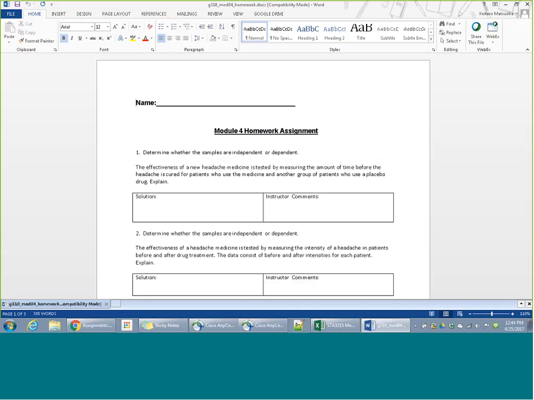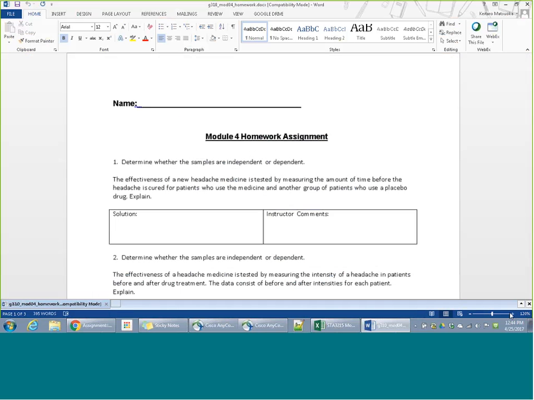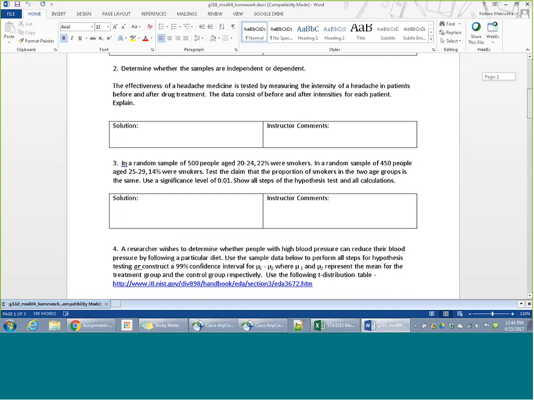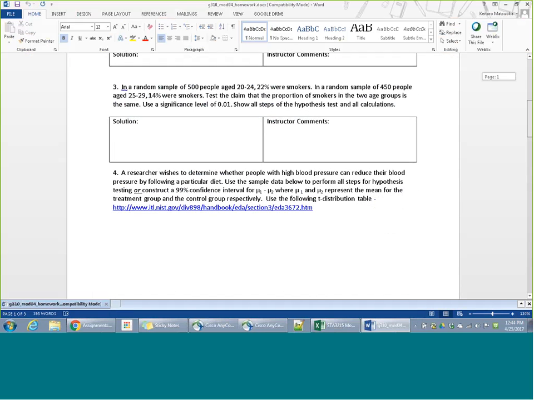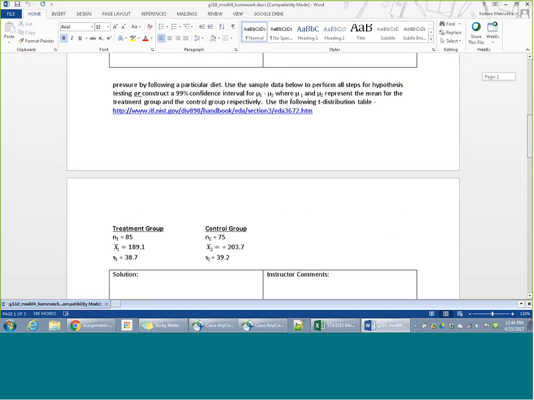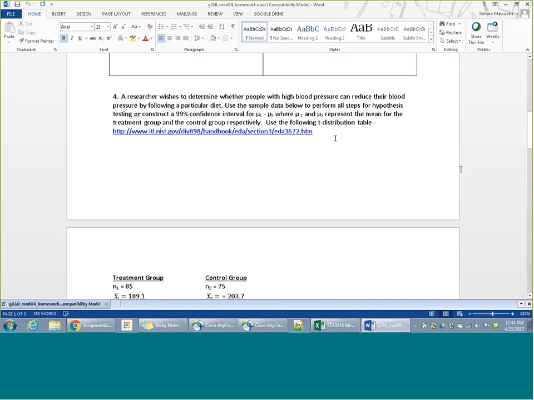Okay, so you can do number 1. You can do number 2, you can do number 3, and you can do number 4. Number 4, it says to use a table, but you don't have to because you're using Excel. So ignore this part if you're using Excel.